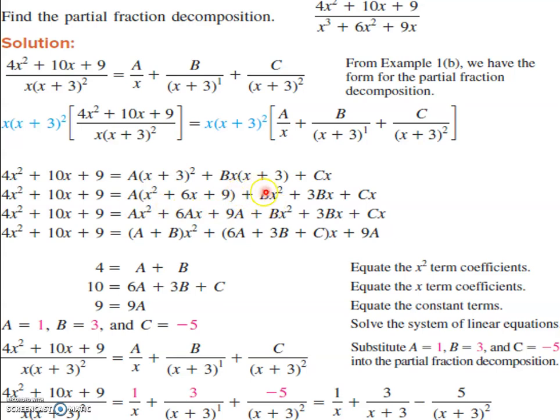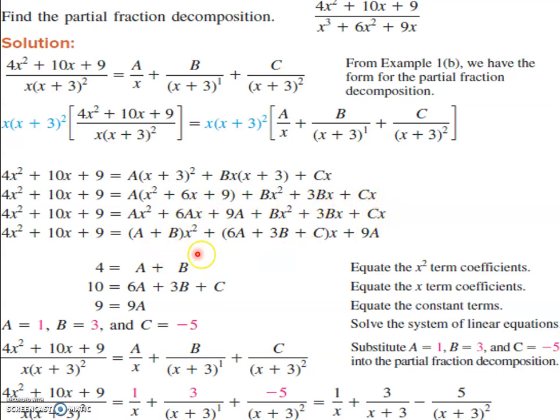plus Bx into (x² + 3x). So 3bx and cx remain the same. Now we have to equate the x² terms, which have the coefficient, and any constant or number. So ax², then next one is bx², yes, and next we have to compare 6ax, 3bx and cx.